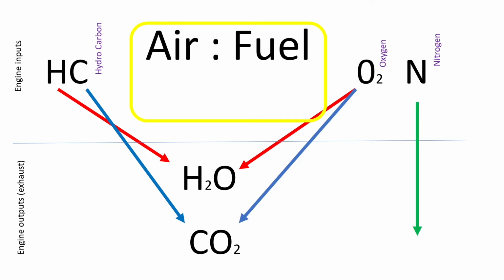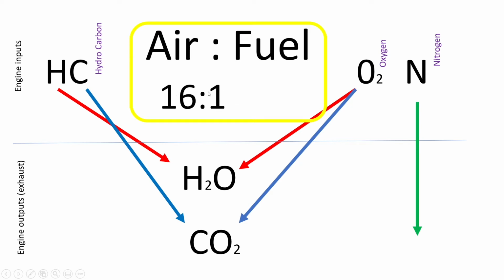Okay, so if we change the fuel mixture, if we deviate from the 14.7 to 1, and in the example I gave you last week, I suggested we could go with a weaker mixture. So that's more air, 16 grams of air, less fuel, so the same amount of fuel, 1 gram.